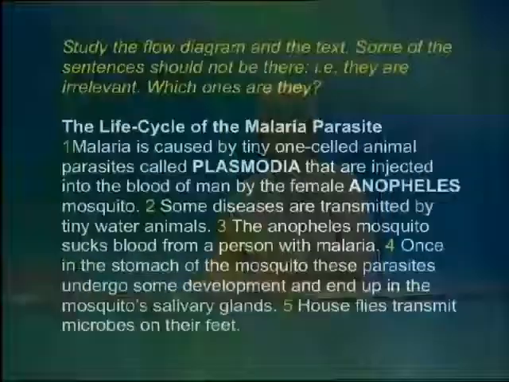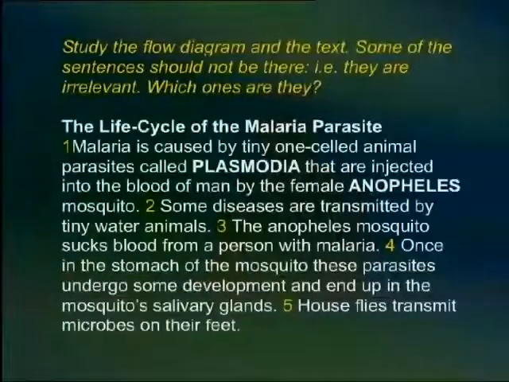There are some sentences in this text. Read it and see if you can spot a sentence or two that does not belong in this passage. Just note, the sentences are marked, they are numbered. Note mentally which sentences do not belong in that passage, which ones are irrelevant.